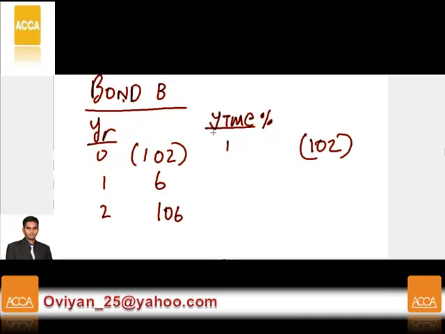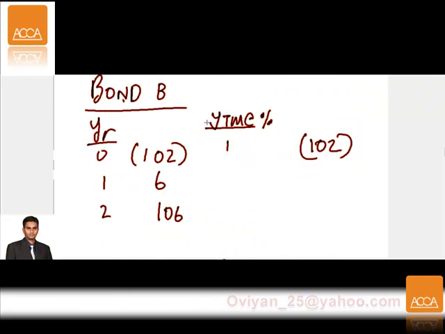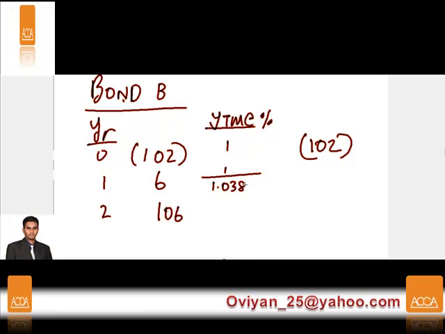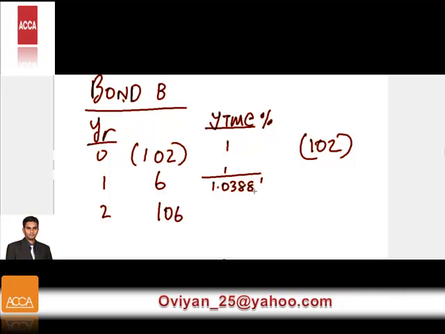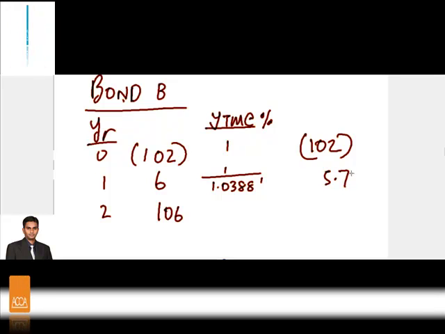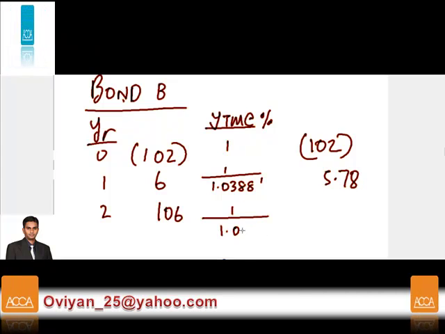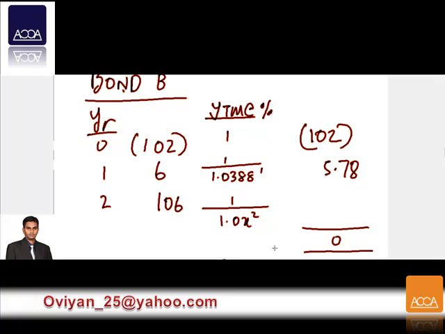Now this one is year 1. If you talk about year 1, we have already got the spot yield curve of 3.88%. So you're going to take 6 divided by 1.0388 to the power of 1, rounding it up, that will give you an answer of 5.78. And this one is going to be 106 divided by 1 plus x to the power of 2, knowing that the total has to be 102.